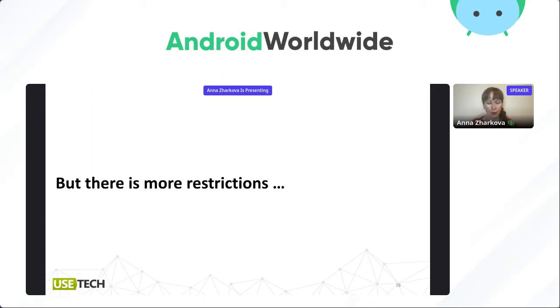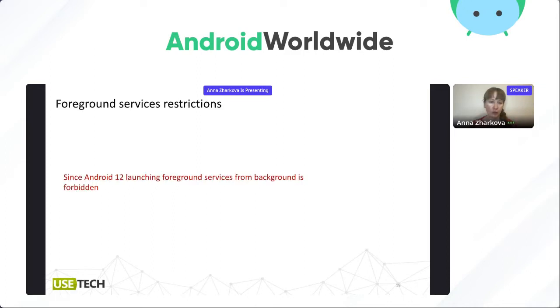And why are foreground services not a really good solution at all nowadays? Now there are more restrictions from the new version of Android. If you looked at my code with attention, you noticed that I launched foreground services from the background.